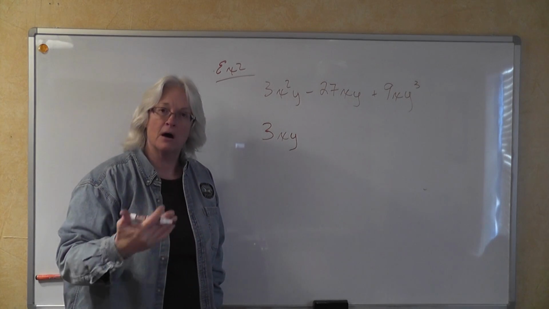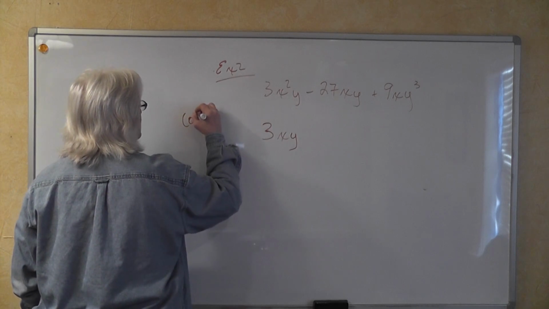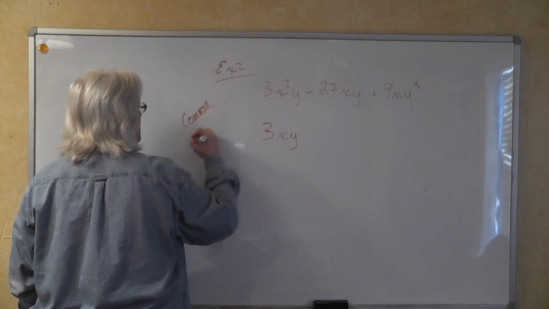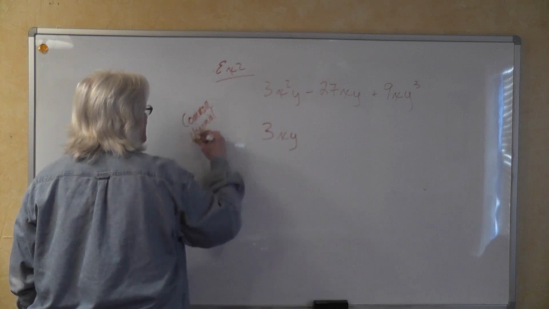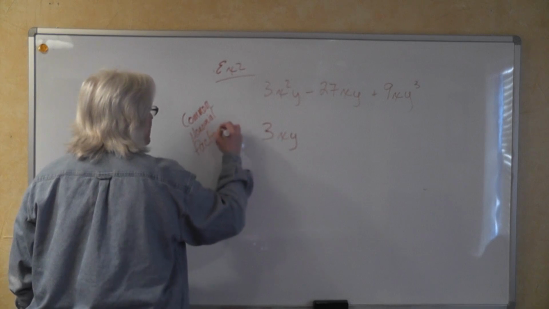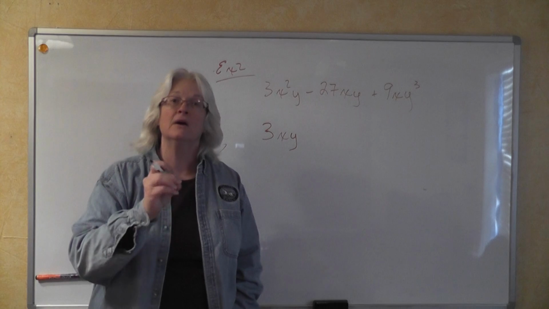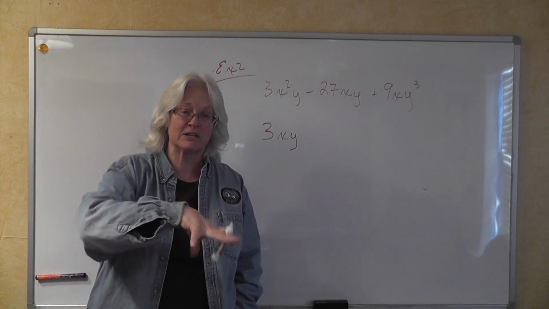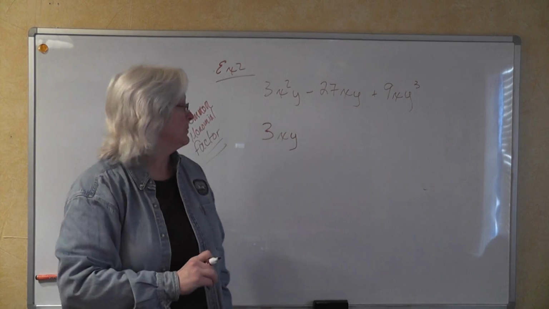Our greatest common monomial factor, this is the word, common monomial factor. This is essential that you learn how to properly identify the common monomial factor, because that's the very first step in fully factoring a polynomial.